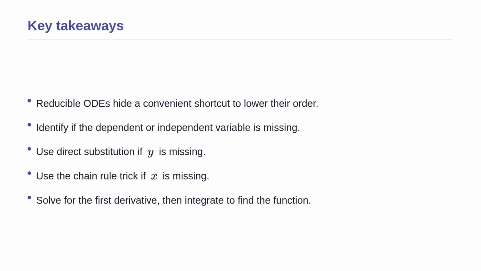To summarize our lecture, reducible second-order differential equations are complex problems that hide a convenient shortcut. The most important step is identifying whether the dependent or independent variable is missing. If y is missing, we use a direct substitution. If x is missing, we use the chain rule trick.